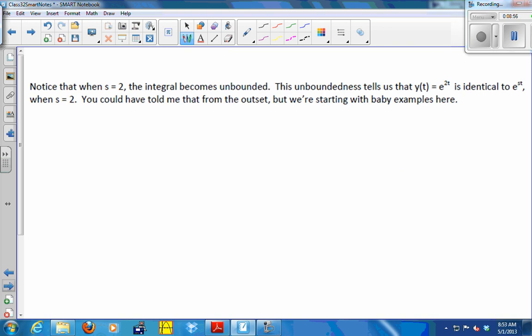When s equals 2, the integral becomes unbounded. The unboundedness tells us that y of t, which is e to the 2t, is identical to e to the st when s is 2. Okay, so we could have said that from the outset, but we're starting with a baby example. So it's the unboundedness, the value at which the integral becomes infinite.